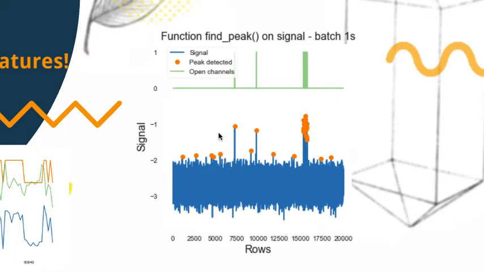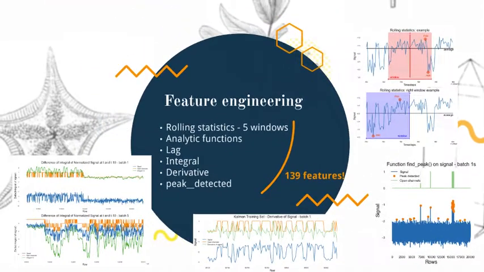And we tried to tweak the parameters so that it would detect all the peaks that were actually an open channel, even if we had a lot of noise. And we hope that the algorithm could do something from it. So altogether we had 139 features, and we'll see what happens.